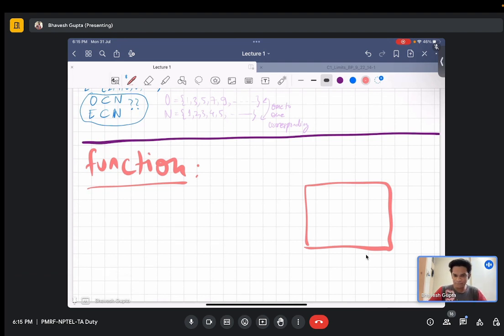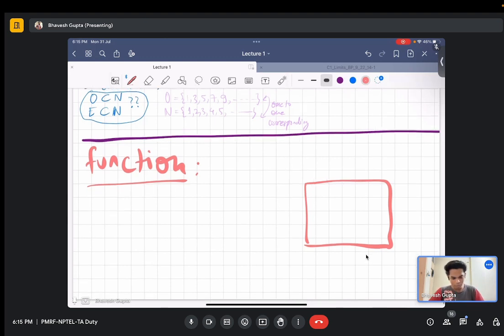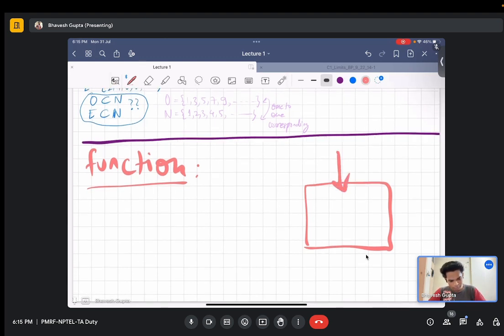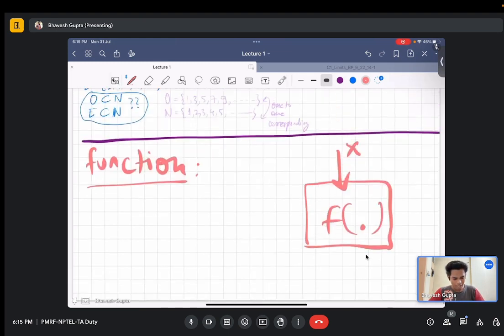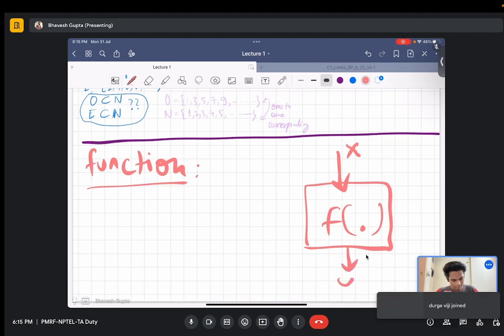Because it is an agent which does a job for you. You provide some input to this black box. I don't know what it does, but it does something, and in return it gives you some y. If you know the structure of this black box, you can manipulate it such that you control this y based on your inputs.